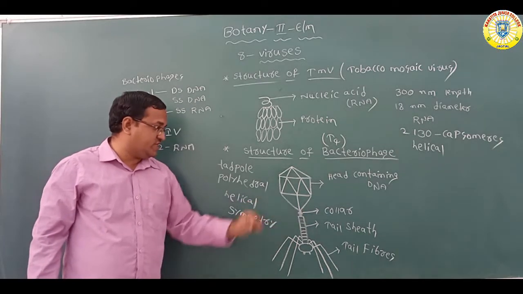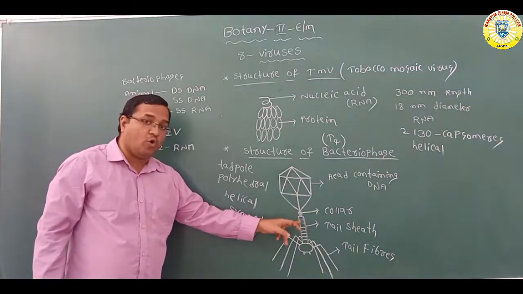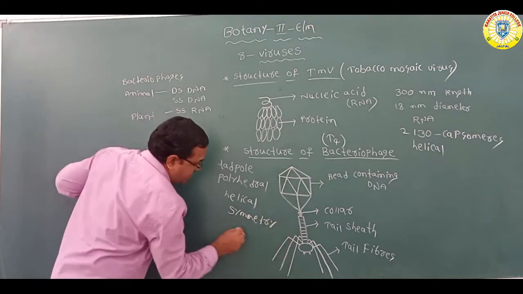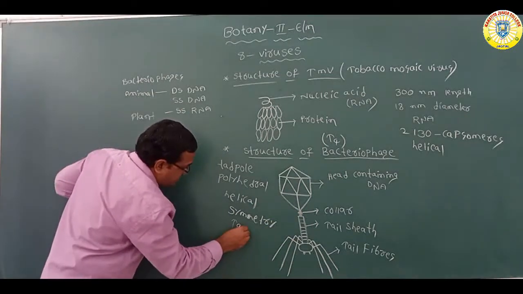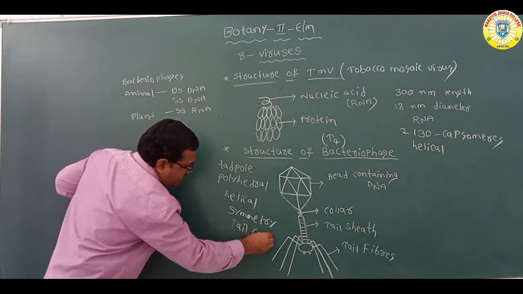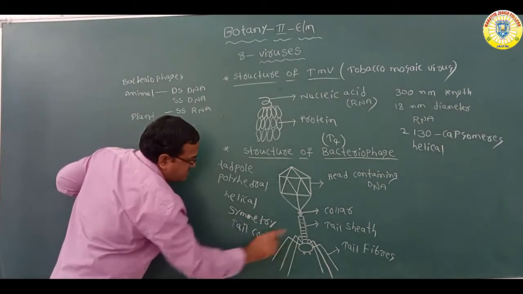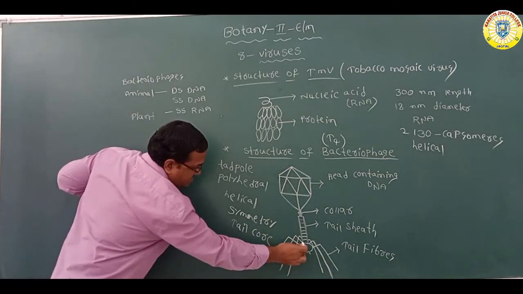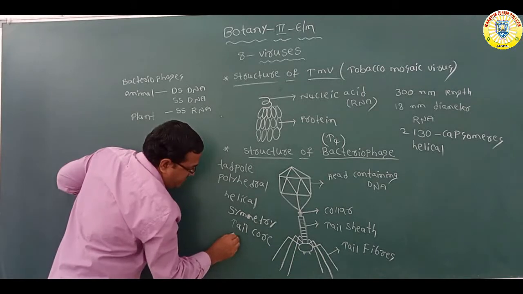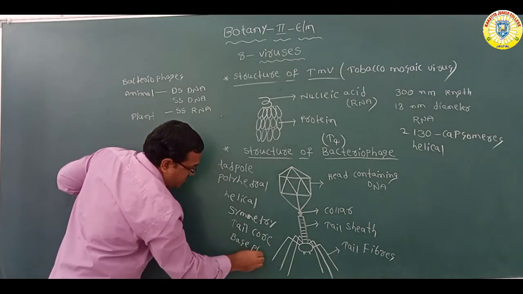One is the tail sheath, then the tail core in the middle, then the tail fibers. And this is the base plate.